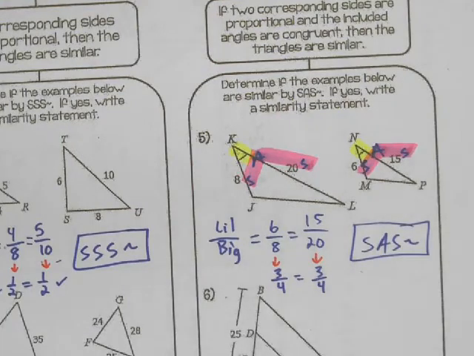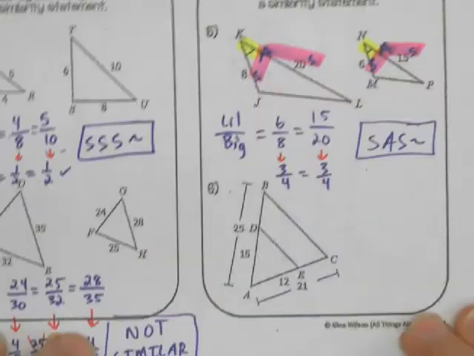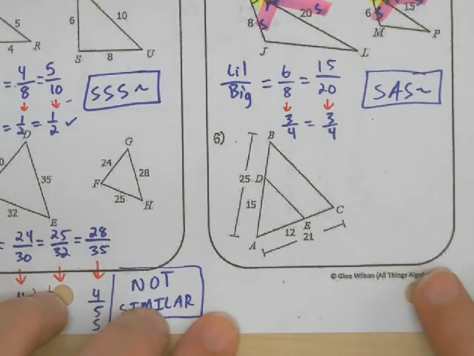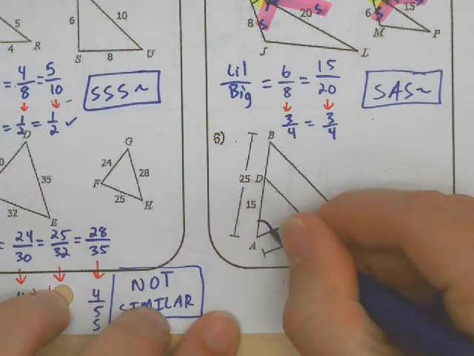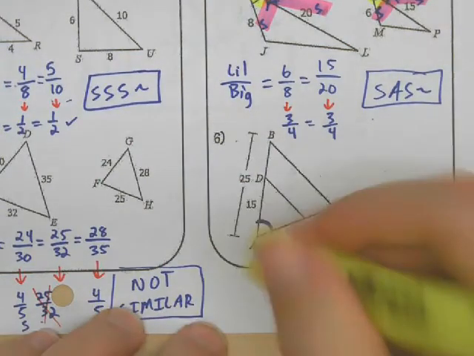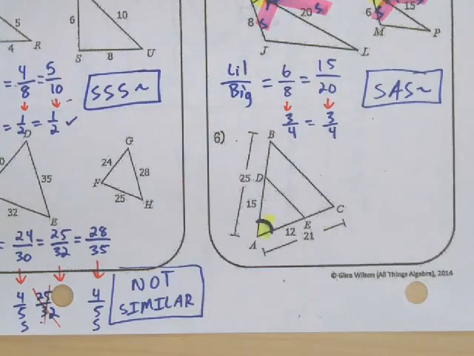Another common example of SAS similarity is number 6. Remember I said that we look for the matching angle first. The matching angle is going to be in corner A. That angle is shared by both triangles pictured here.